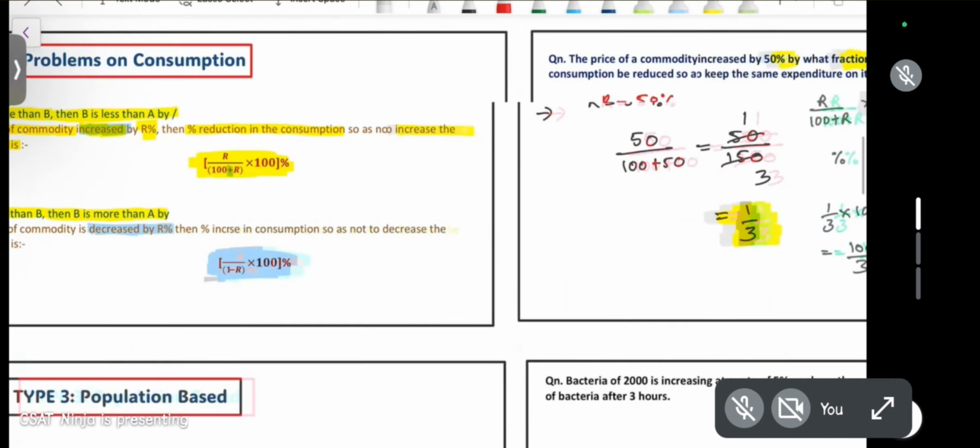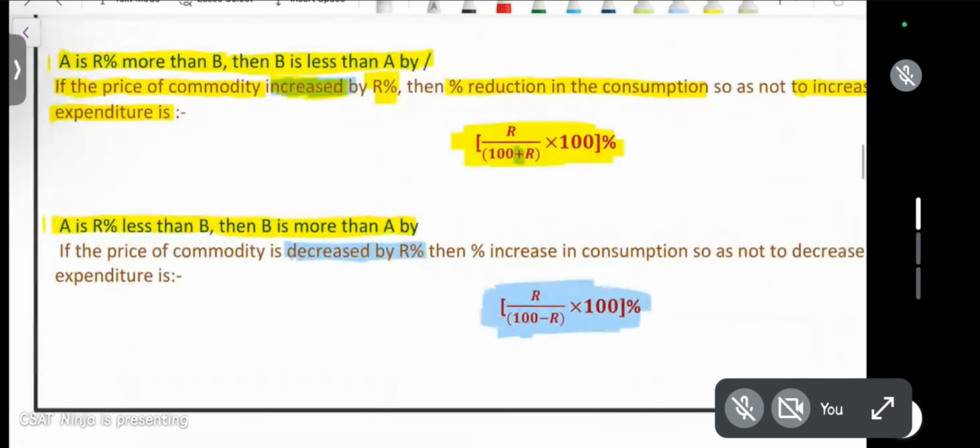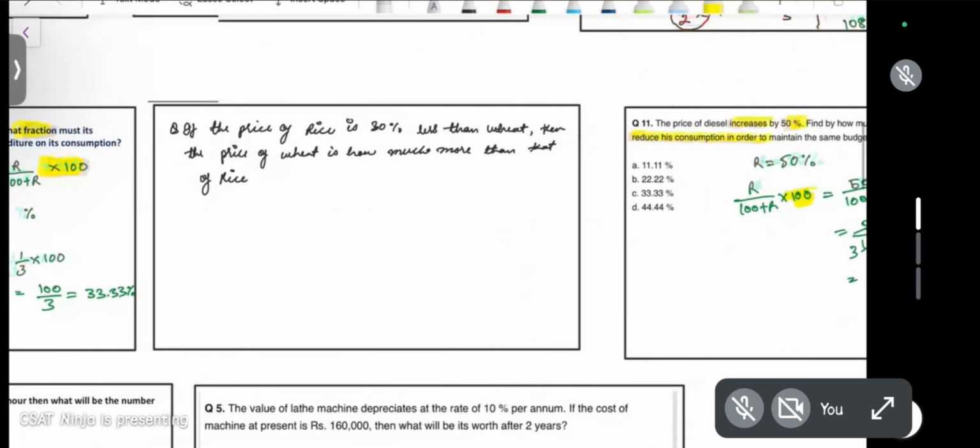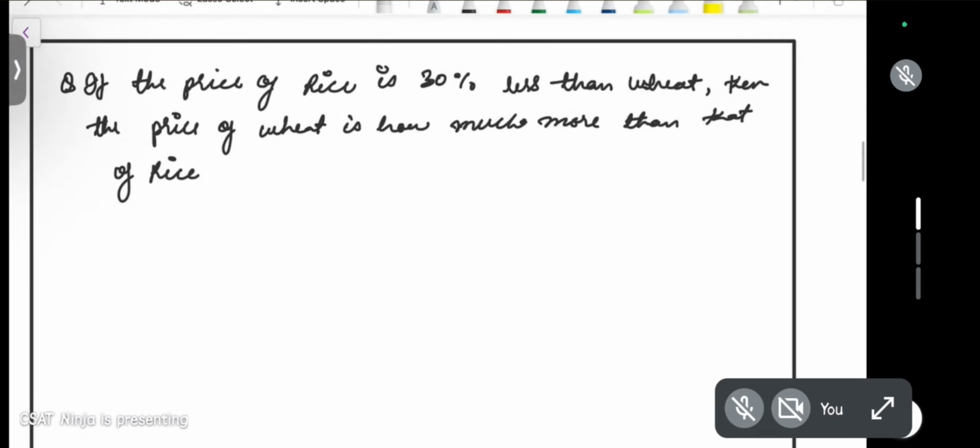Now compare this to the case where A is R% less than P, then P becomes more than A by some amount. That is that type of question. If the price of rice is 30% less than the wheat, then the price of the wheat is how much more than that of the rice?